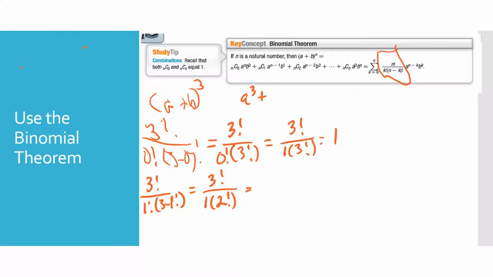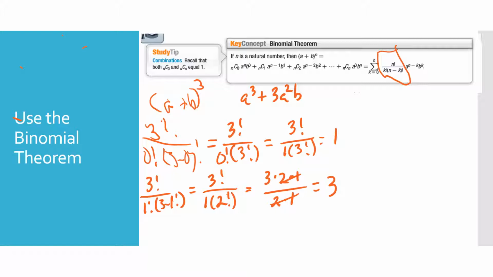Now 3 factorial is 3 times 2 times 1, and then 2 factorial is 2 times 1. Well, the 2 times 1 is going to cancel, and I'm going to be left with 3. So over here I'm going to have 3a squared b.